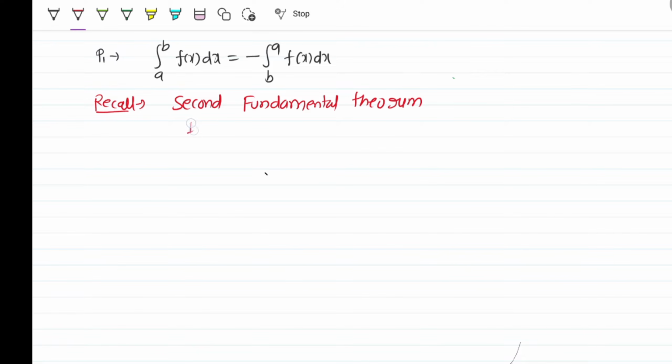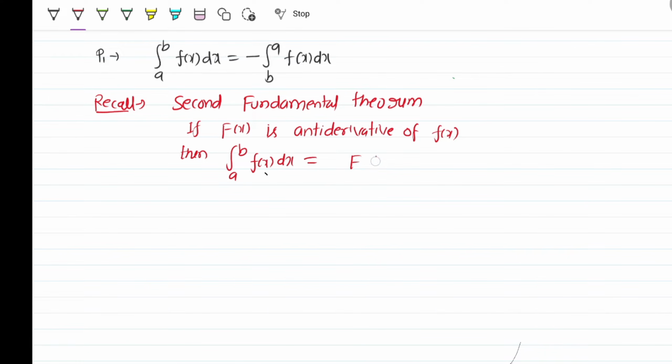It says that if capital F(x) is the anti-derivative of small f(x), then integral a to b f(x) dx is the same as F(b) minus F(a). Okay, F(b) minus F(a): F of the upper limit minus F of the lower limit. So we will use this property.